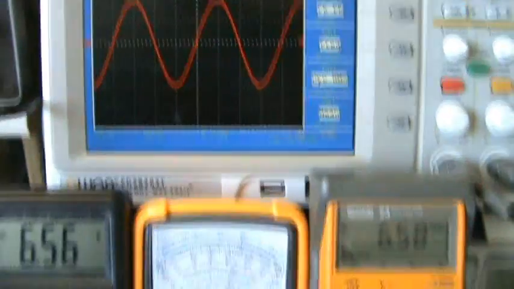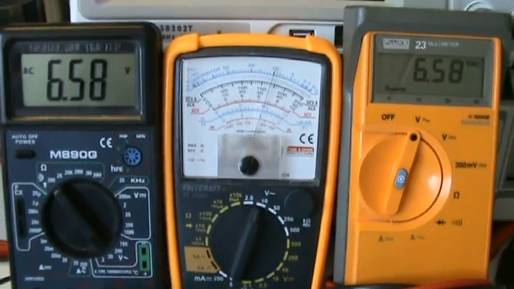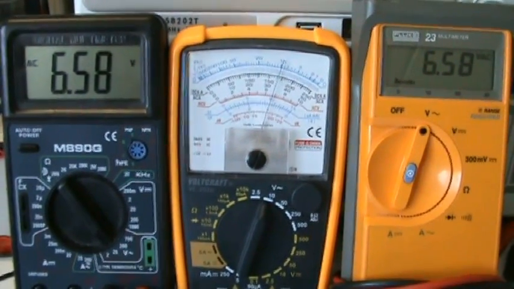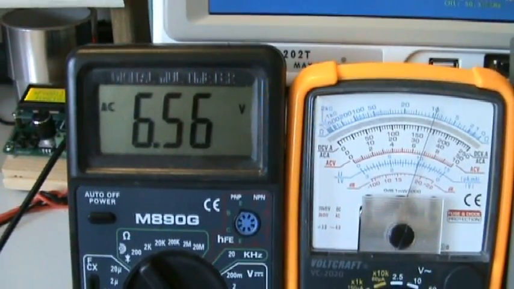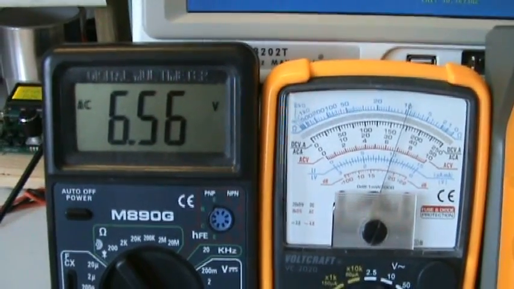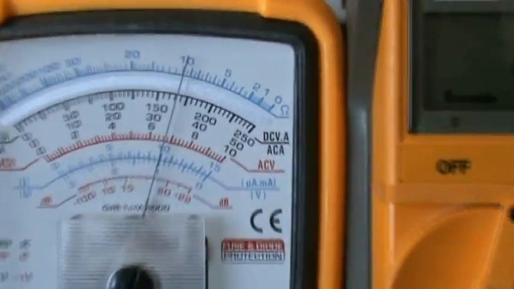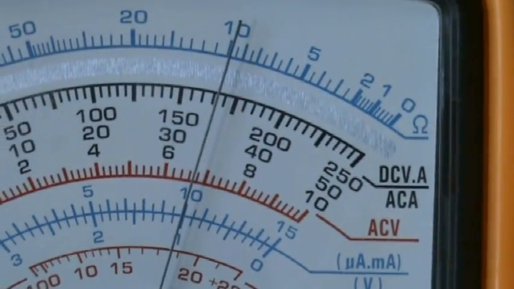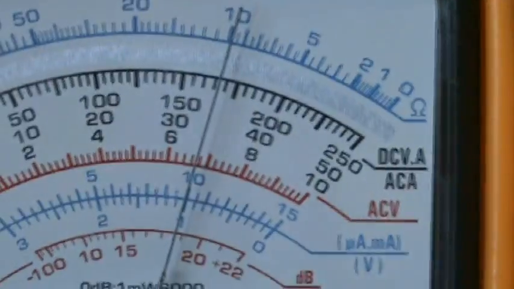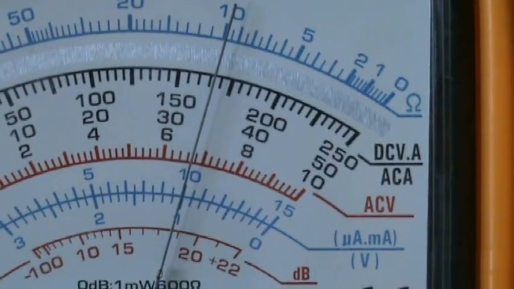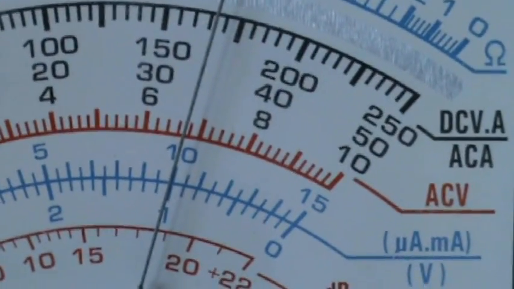Okay, well, I'm going to write down now the voltages on the meters. You can see that the cheap meter is a little bit lower, 6.56, and my analog meter is on the 10 volt scale, so it's the red trace, and it's about 6.7 volts.